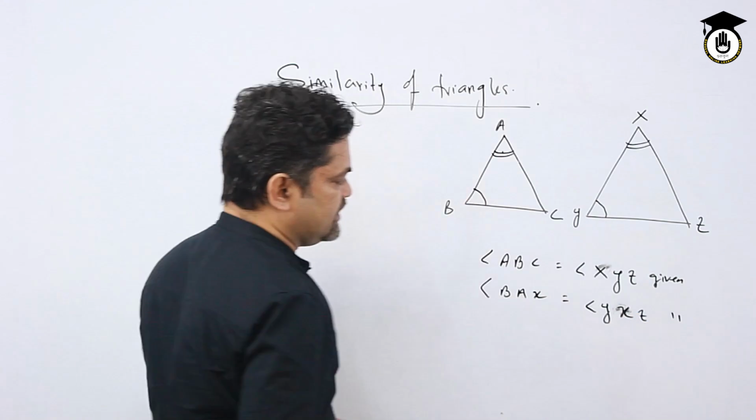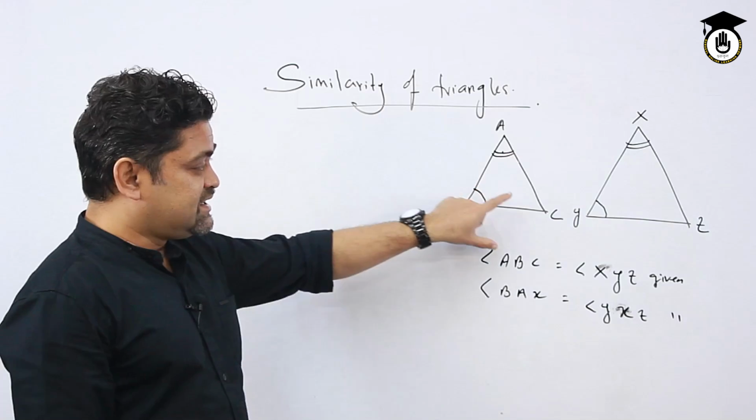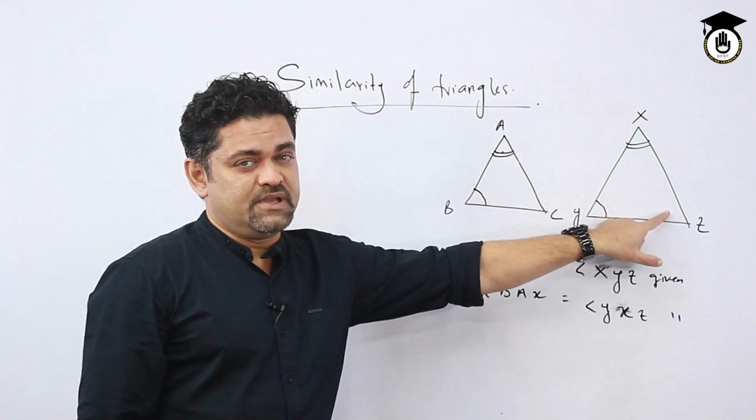So I can write angle BAC is equal to angle YXZ, it's also given. If these two angles are given equal, then I can say that the third angle of the triangle must be equal.